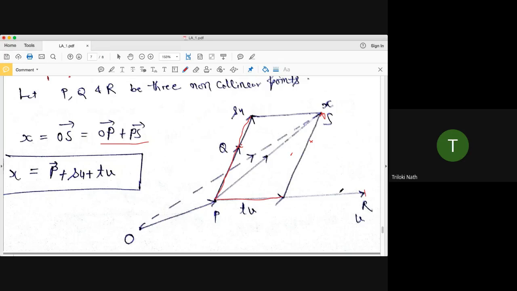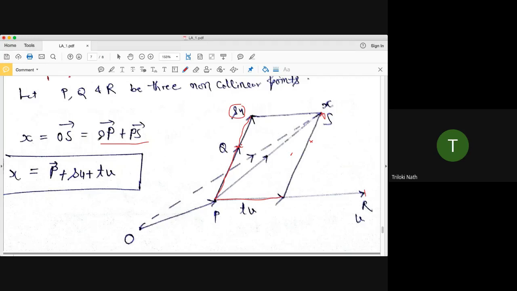So if this vector is V, then this length will be reduced. Suppose the scalar t is here, so this vector is tV. Similarly, up to here it is U, then it is magnified, and therefore this vector is some scalar multiplied by U, so sU vector. So sU vector plus tV vector will give you this PS vector.